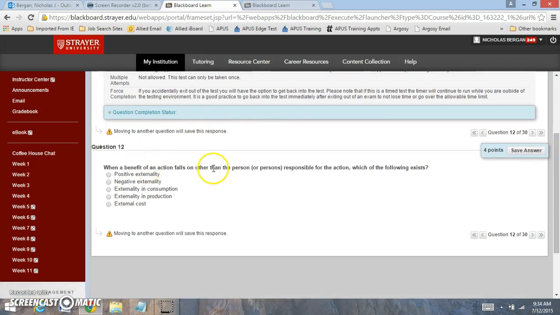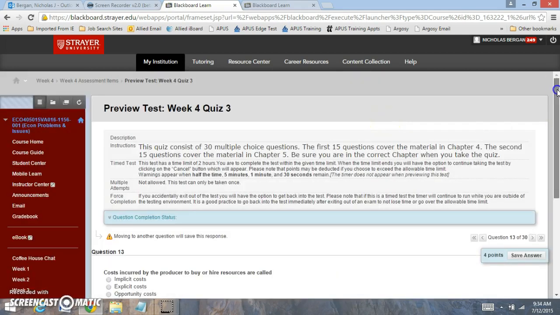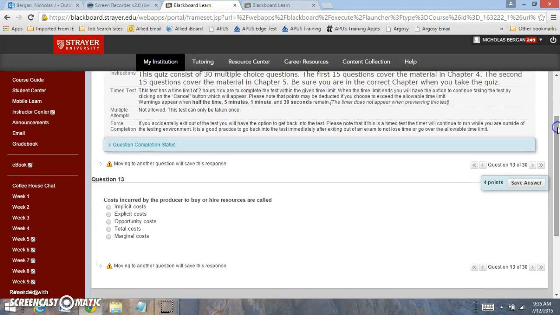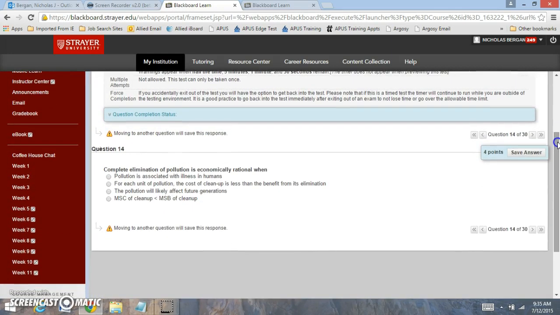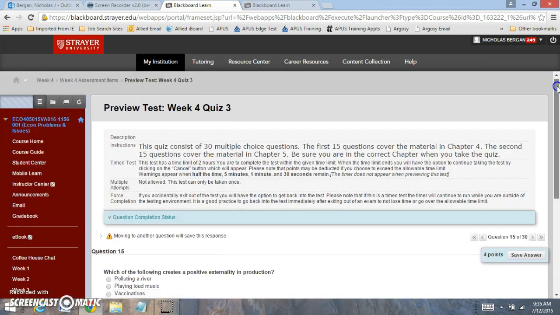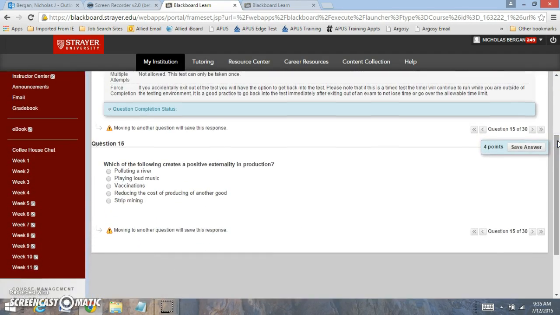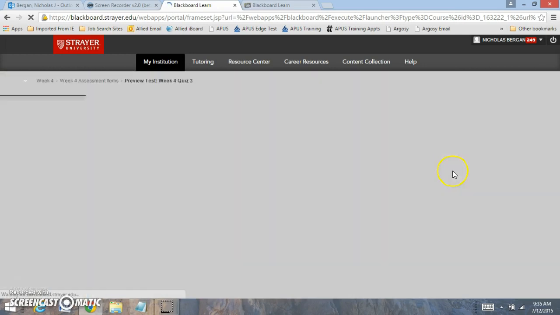Now, when a benefit of an action falls on other persons not responsible for the action. So benefits, that's dealing with externalities, but a positive externality when there's benefits involved. Positive externalities. Remember, benefit to a third party.